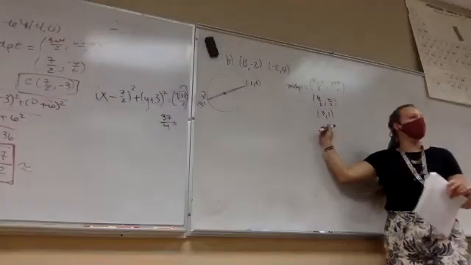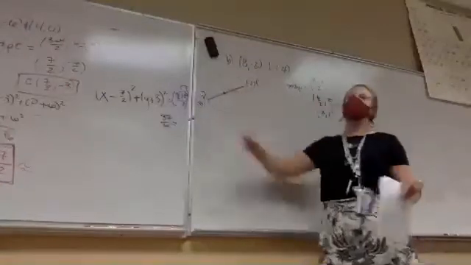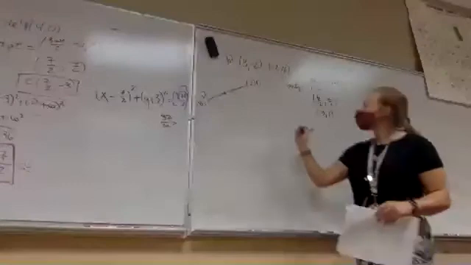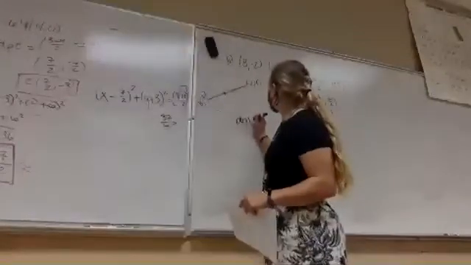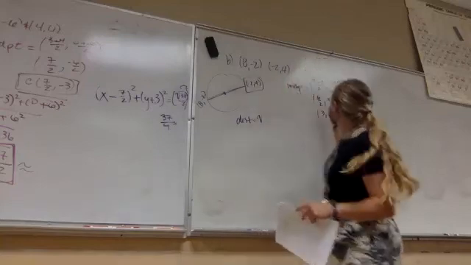Ooh, this is a nice pretty midpoint. So I'm going to use this and just one of the endpoints in order to find my radius. So I'll probably use this one and this one.